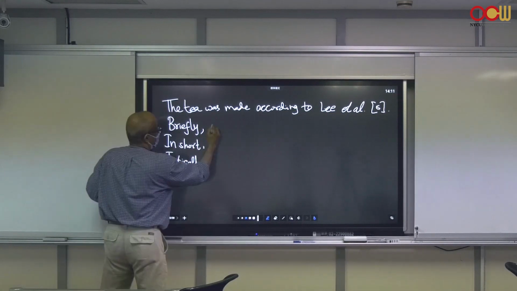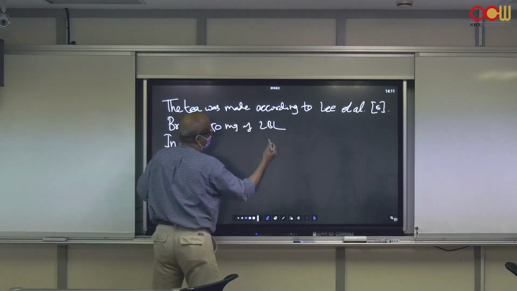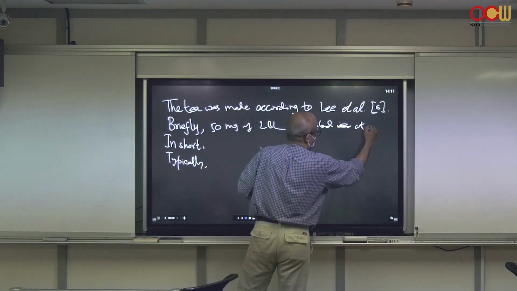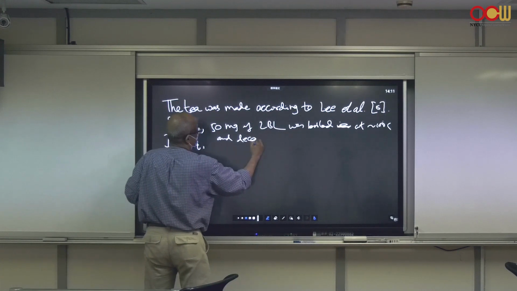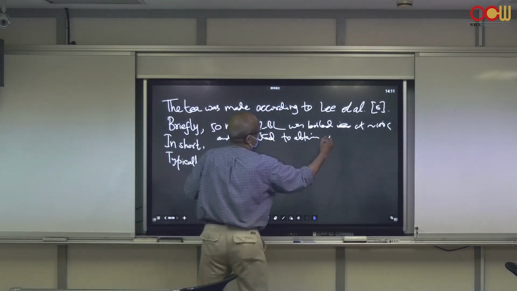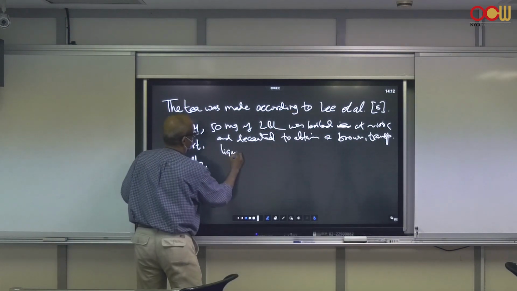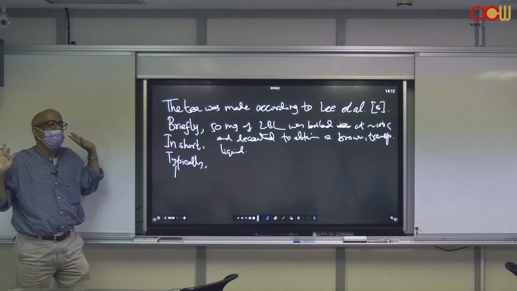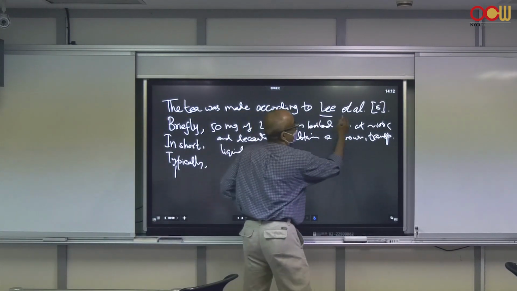So briefly, 50 mg of Lipton Black Label was boiled. Boil means 100 degrees, so 100 degrees, and decanted to obtain a brown, transparent liquid. Just 1 sentence. However, remember, the details are there in that paper.